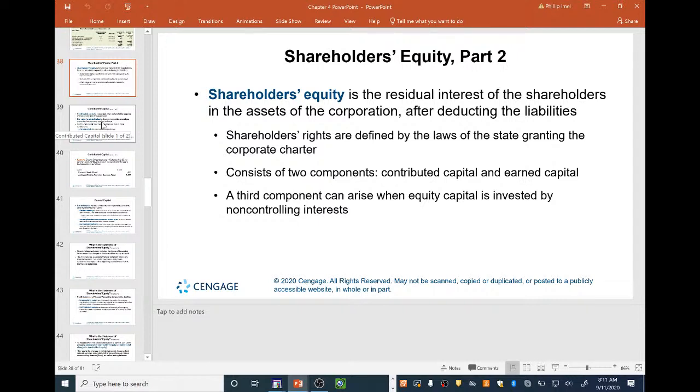Shareholders' rights are defined by the laws of the state granting the corporate charter. So what that means is that every state's corporate charter is different. Sometimes certain states might have no par for stock that's issued. Some states have a par value for common stock, stuff of that sort. So depending on which state you incorporate in, that determines what type of laws you have to abide by.